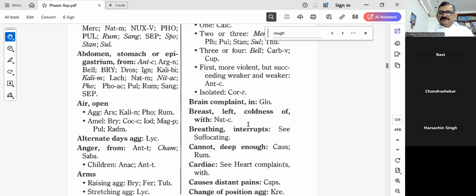With that, what is the condition? Natrum carb is a remedy. When Natrum carb was given, many people in the provings felt cold in their left breast and then had a cough. So in such a condition, we can give Natrum carb.